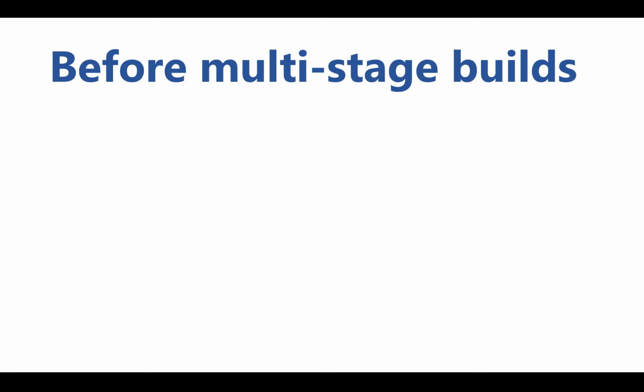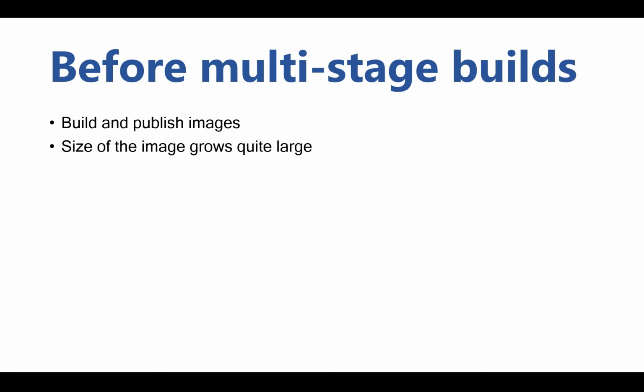Now let's move on to the structure of how we were doing things before multi-stage build, so we can understand how it was done. Usually we have Docker files, we build them, and we publish the image to Docker Hub or some other repository, right? The challenge is that the size of the image keeps growing quite large.